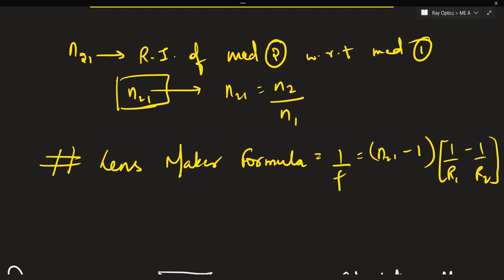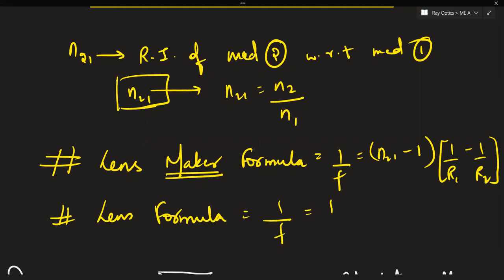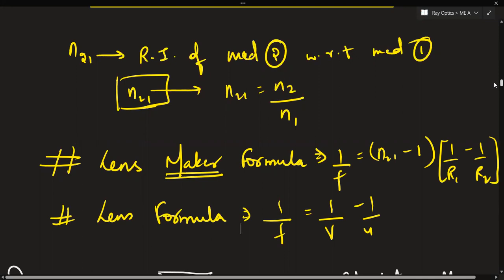This is lens maker formula. Fine. You have lens formula as well, similar to mirror formula, which is 1 by f is equal to 1 by v minus 1 by u. Pay attention to what is asked, because you have derivations of both of it included in your syllabus. So any can be asked to you.